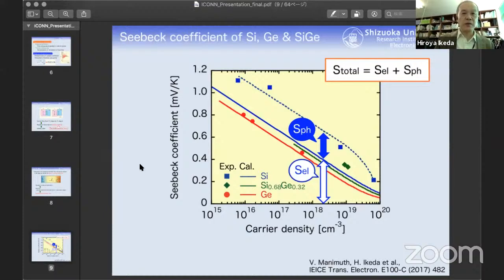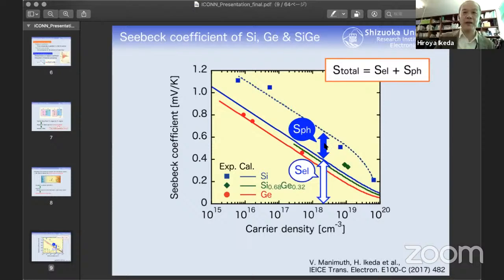Here, I show the Seebeck coefficient of silicon as a function of carrier density. Please look at the blue plots and lines. These blue plots are the experimental results of the Seebeck coefficient of bulk silicon, and the blue solid line is the calculation of the Seebeck coefficient of the electronic carrier component. You can see the difference between the experimental value and the theoretical value.